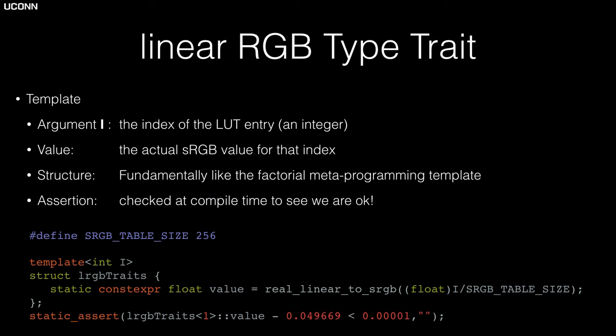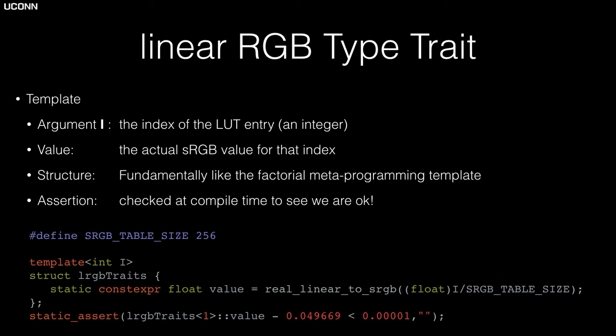I can even use a version of assert, which is kind of neat. It's called static assert. This assert is not an assert that will run in debug mode at runtime. It's an assert that runs at compile time. It's an assert that verifies that the result of the computation that happened at compile time is correct. So here I'm asking the compiler, please check yourself. If I were to create an LRGB trait for the index 1, right?